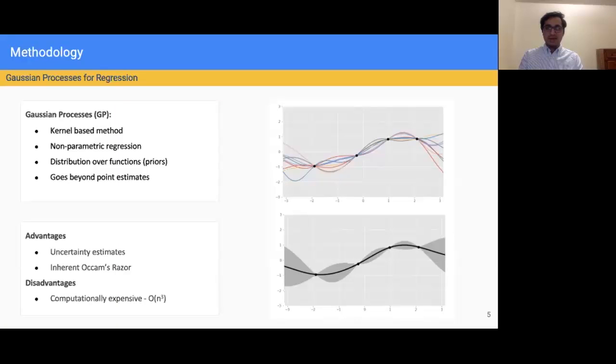Second, since it's non-parametric, there is no pre-imposed structural complexity, and the method naturally obeys Occam's razor. Another advantage is the possibility of including prior knowledge by carefully crafting the kernel functions. However, GPs also remain computationally expensive with a cubic time complexity as they need to consider the entire training data every time they make a prediction, which prohibits them from being used on large data sets.